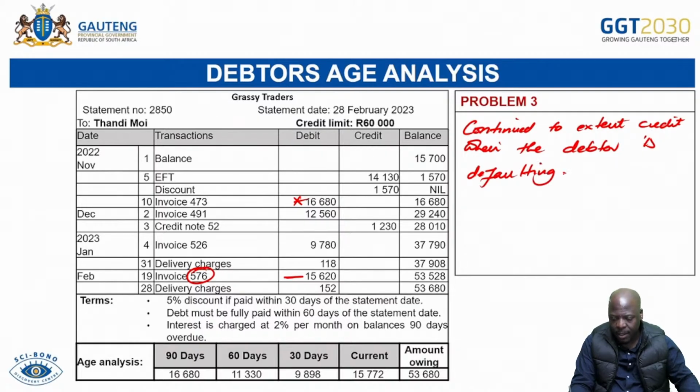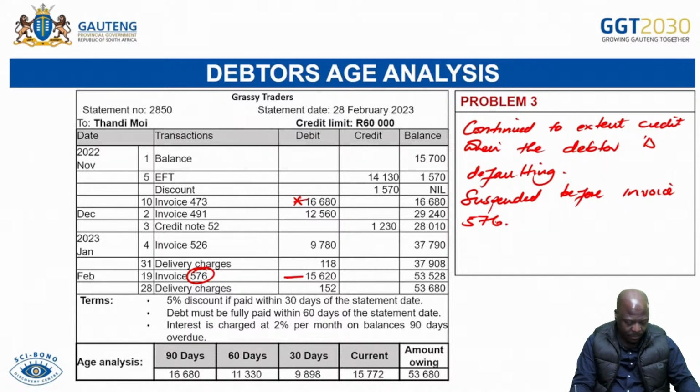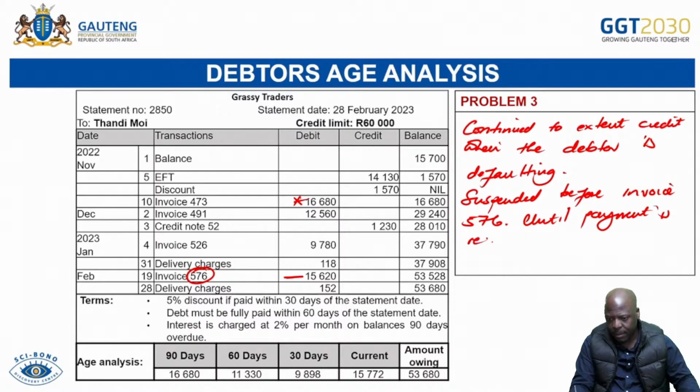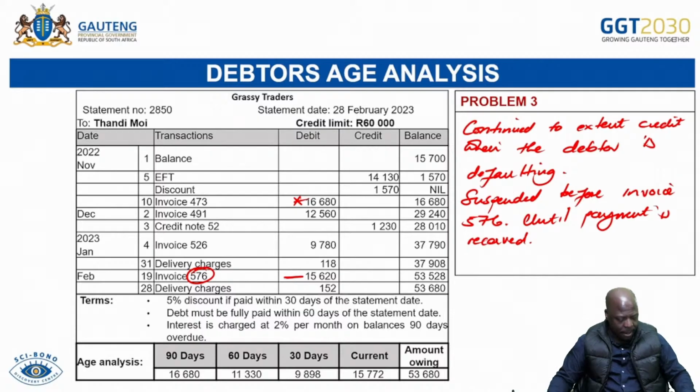We continued to extend credit even though the debtor is defaulting. The account should have been suspended before invoice 576. Okay, and that should be suspended until payment is received. And we did not do that. Okay, so that becomes our problem number 3.